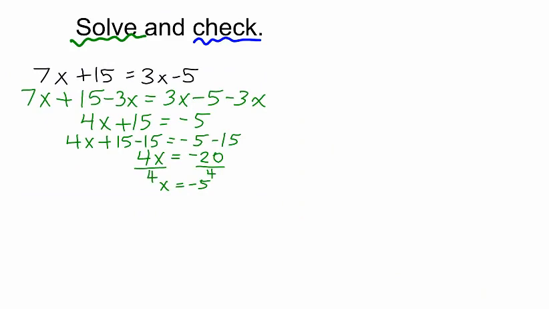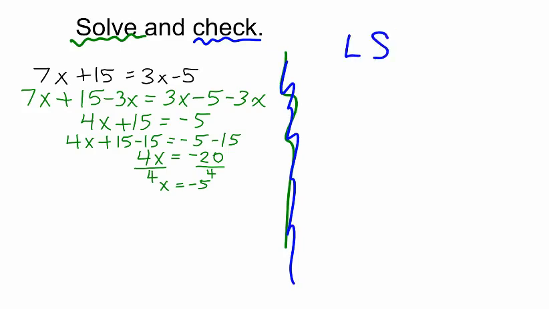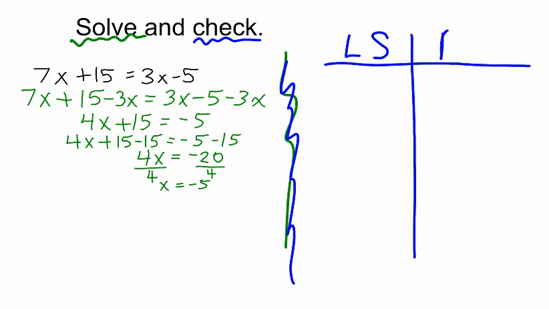So left side, right side checking, and this is what we're going to do in blue over here. Okay, and I did say blue. There we go, blue. Over here, here's what we're trying to do. We're trying to test if the left side and right side are equal to each other when x equals negative 5.